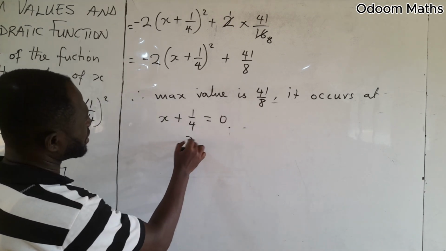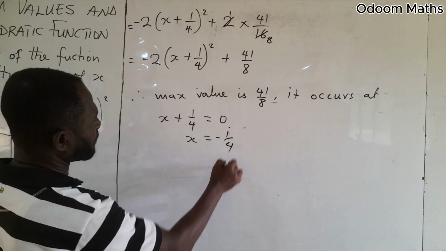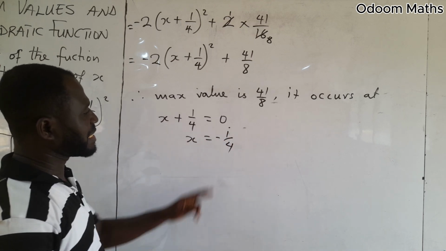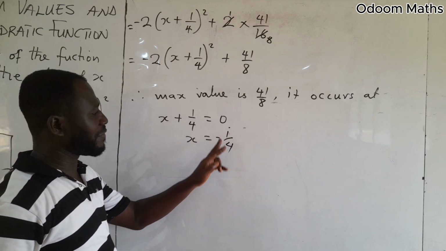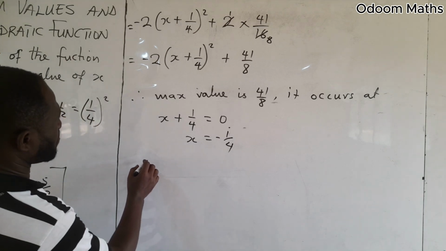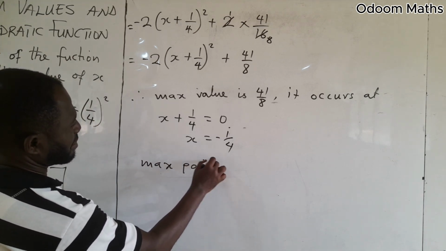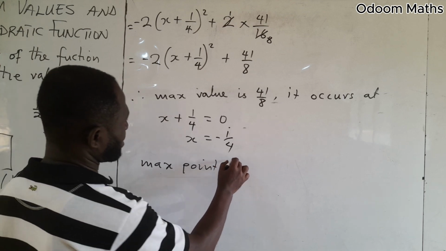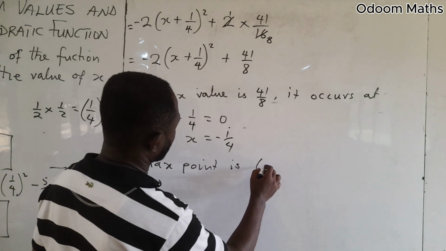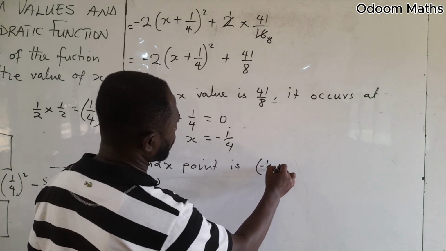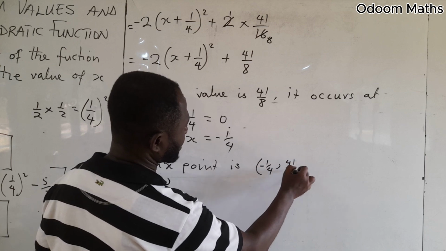This is going to give me negative 1 over 4. So the maximum value occurs at x equals negative 1 over 4. So the maximum point now is in brackets negative 1 over 4, comma 41 over 8.